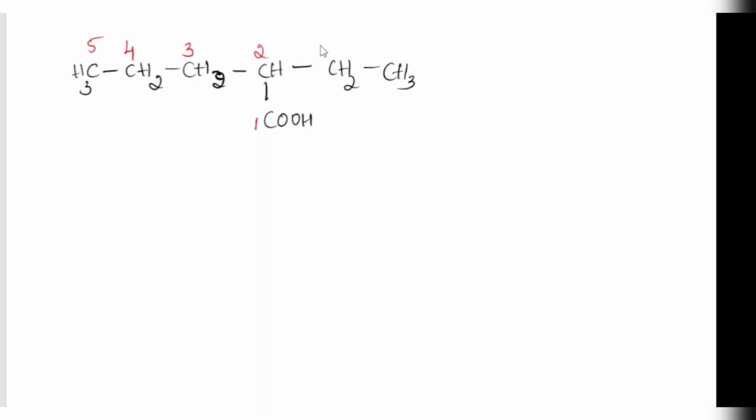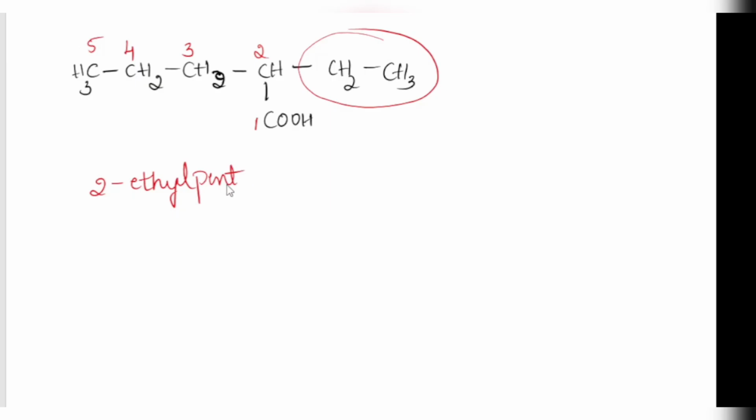Now at the second position I have this group, that is ethyl group, as a substituent. That's why I have to write the prefix as 2-ethyl. What is the root word for this principal chain that contains 5 carbon atoms? That is pent, correct?